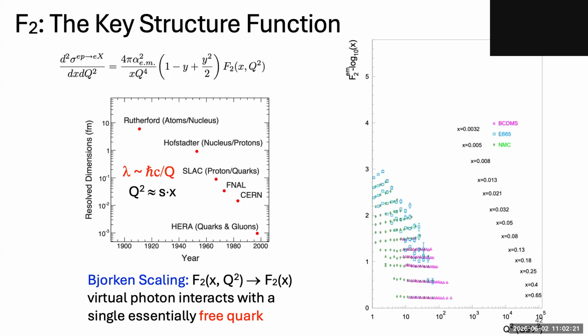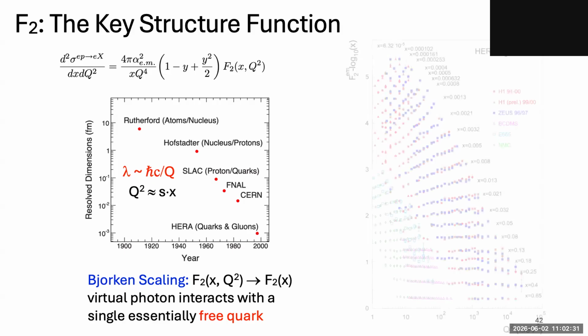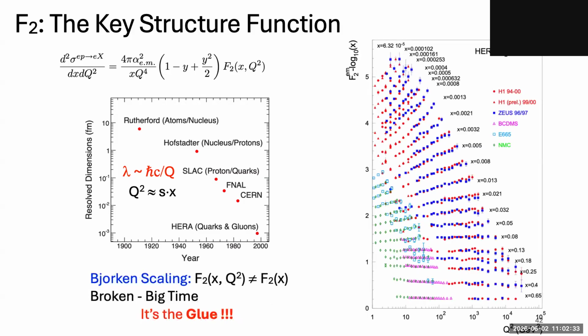If you go into the earlier DIS measurements, you see some hints of scaling violation, but it was not proven until the HERA collider, the high energy electron-proton collider. At high x, lower energy, long exposure time, you see the valence quark structure.